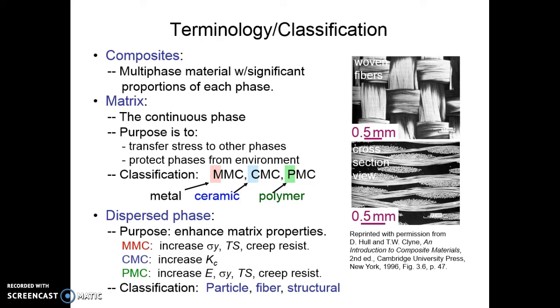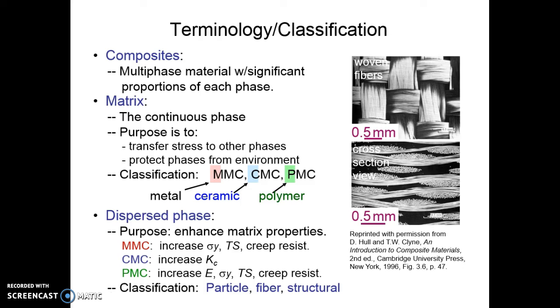The matrix is a continuous phase and it holds the other phase, which is known as the dispersed phase. This dispersed phase is meant for enhancing the matrix properties. In a metal matrix composite, yield strength, tensile strength, and creep resistance can be increased by making use of a proper dispersed phase material, and the fracture toughness of a ceramic matrix composite can be increased.